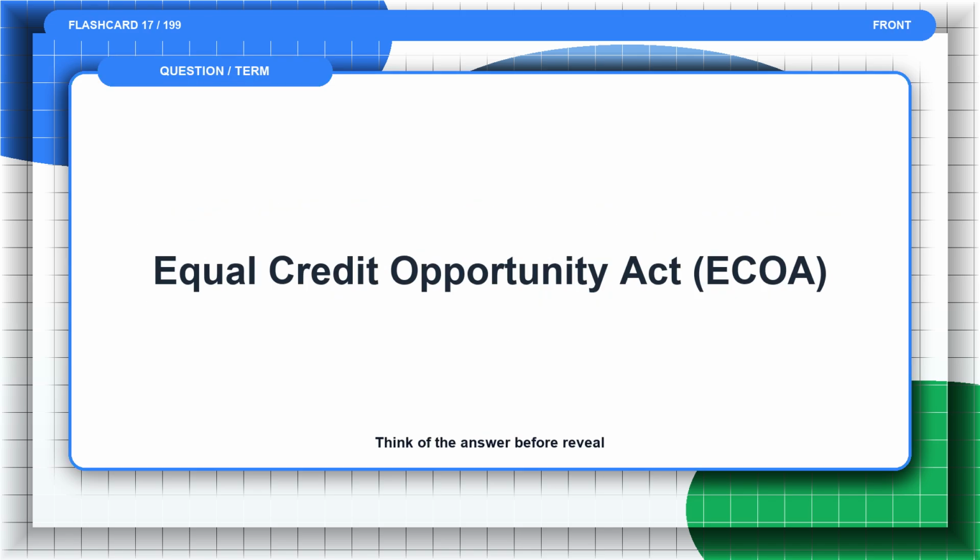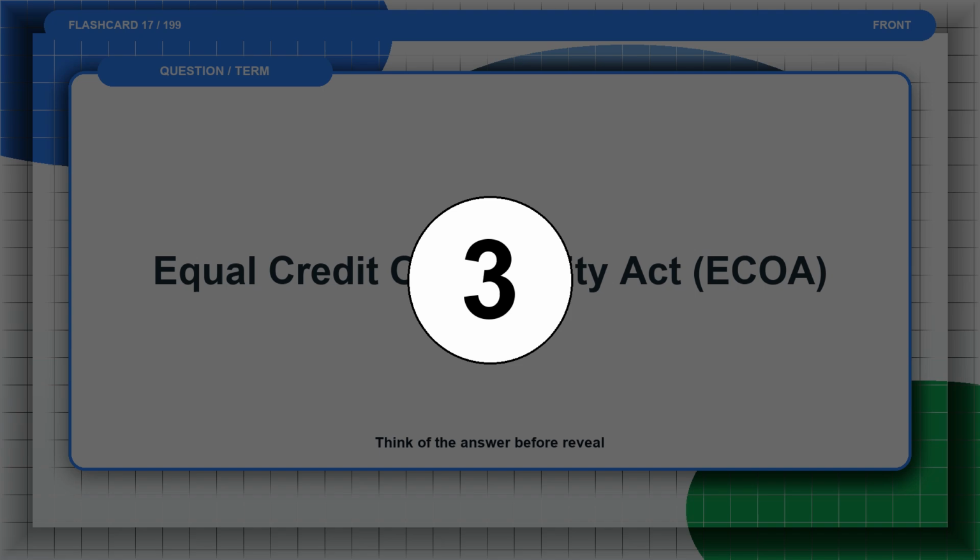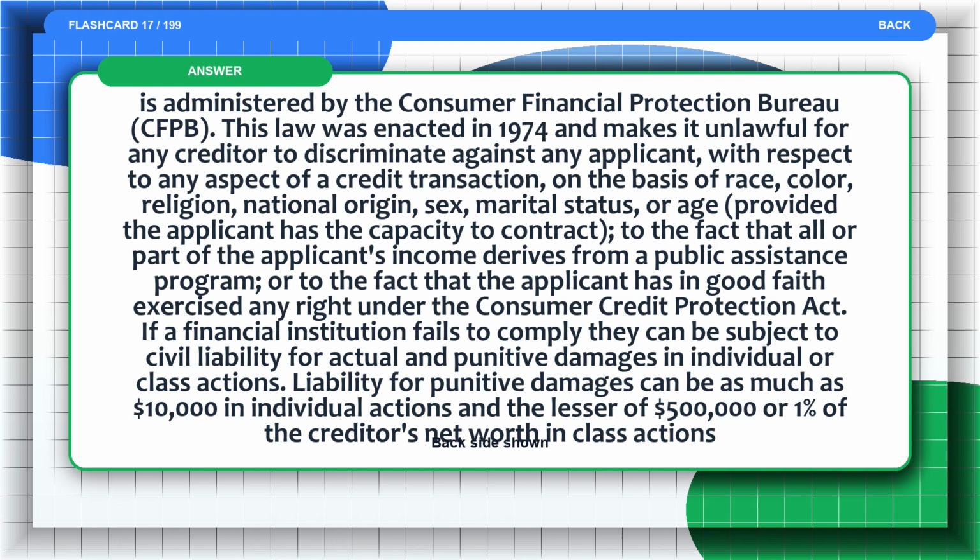Flashcard 17. Equal Credit Opportunity Act, ECOA. Pause and think of the answer before the reveal. The answer is administered by the Consumer Financial Protection Bureau, CFPB.